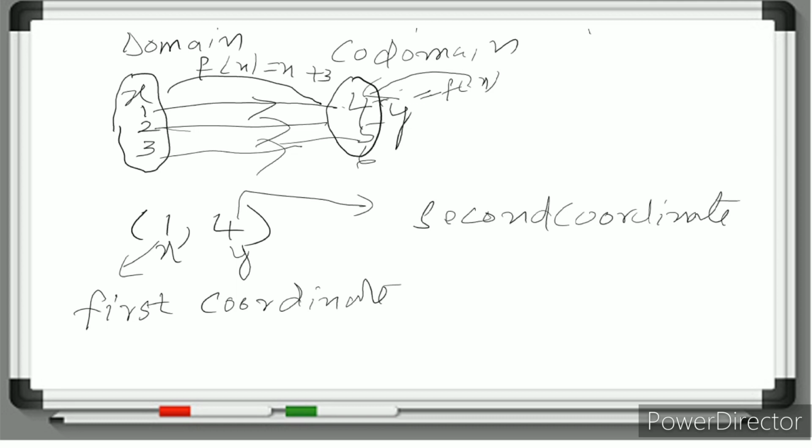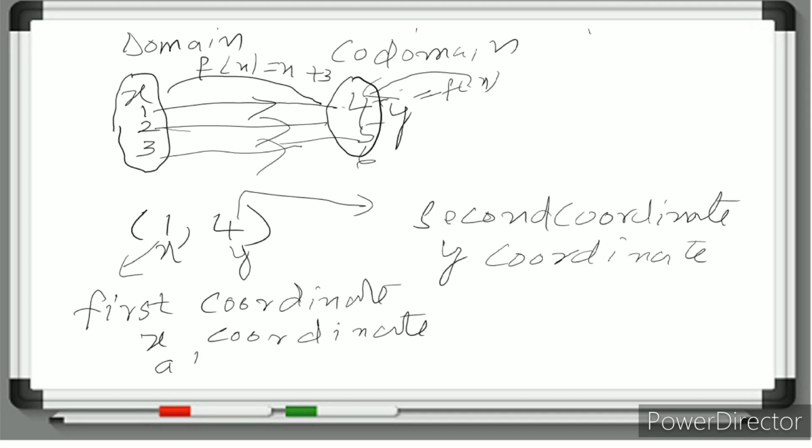Now, this first number we can also call the x coordinate, and the second number we can call the y coordinate. These are the different names, and the first number we can also call abscissa, and the second number we can call ordinate.